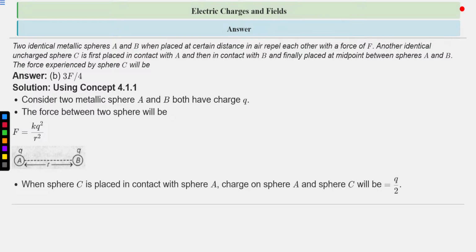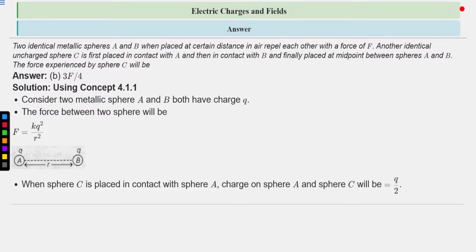Now, when sphere C is placed in contact with A, we know that when any uncharged conductor is placed in contact with any charged conductor, metallic sphere, the charge will transfer to the uncharged conductor.